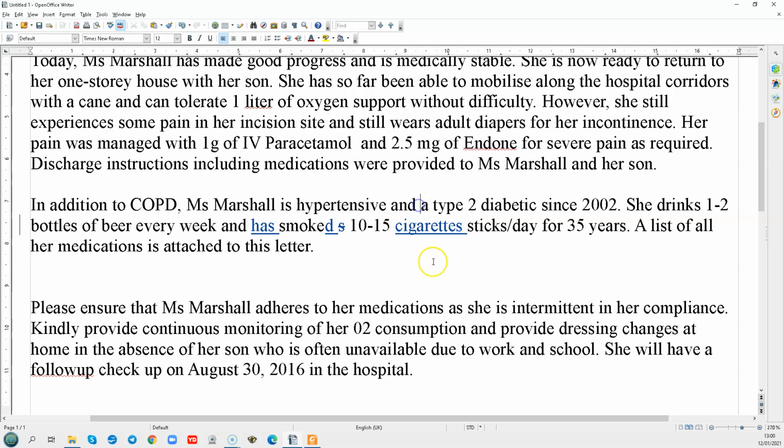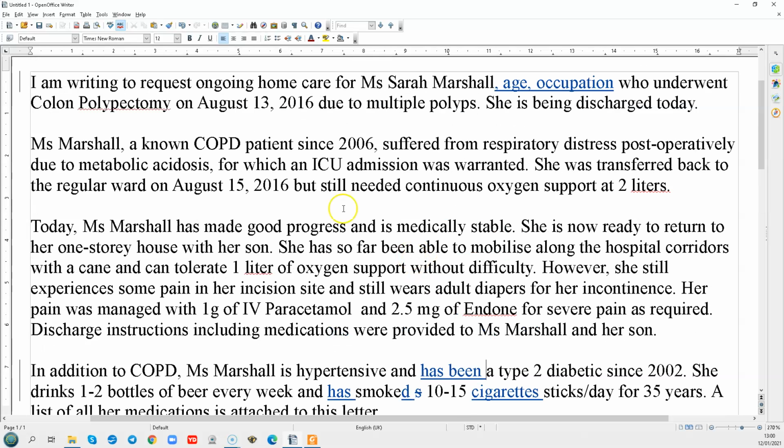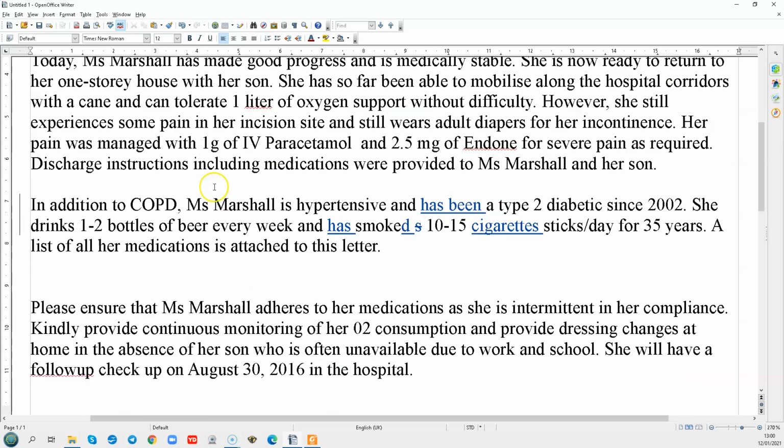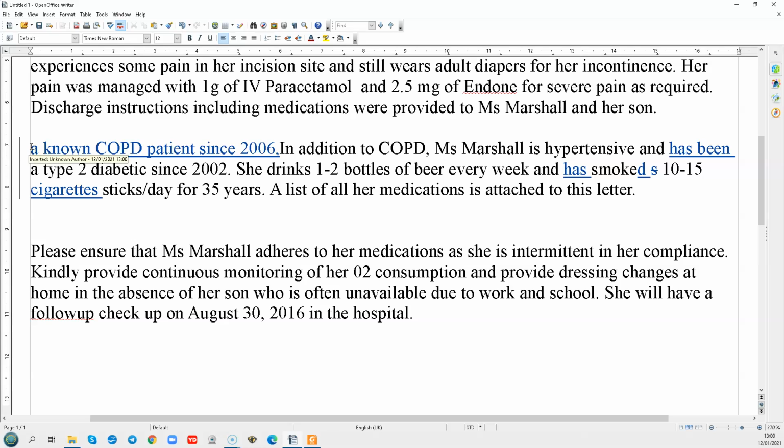Is hypertensive and has been, present perfect, so that's 2002. So I would take that out and put it in this paragraph here.